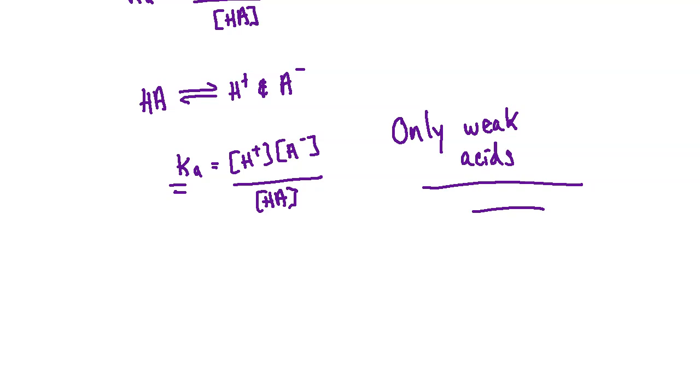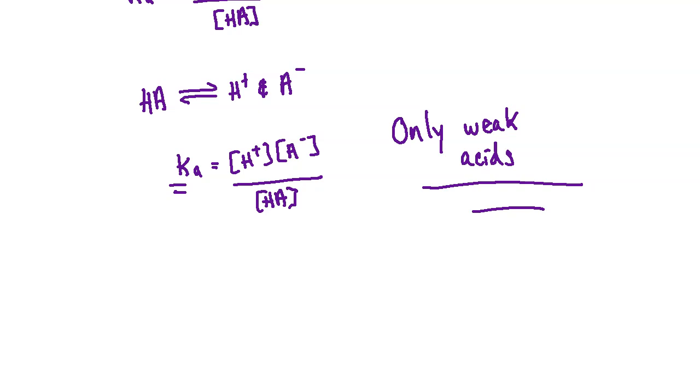It's one directional, right? We don't end up having this back and forth going on, and so we do not have Kas that are official for something like HCl or H2SO4. We would just say it's got a very large Ka because it's going all the way right into the numerator. None of it would be in the denominator at that point.